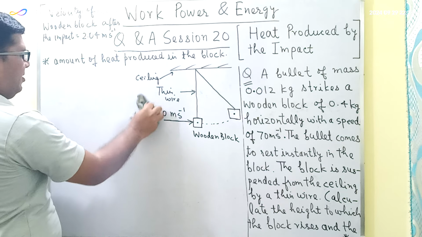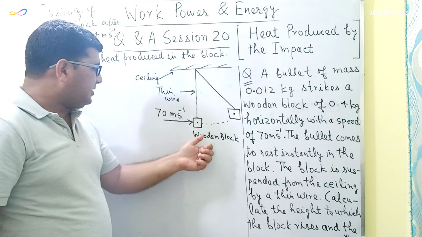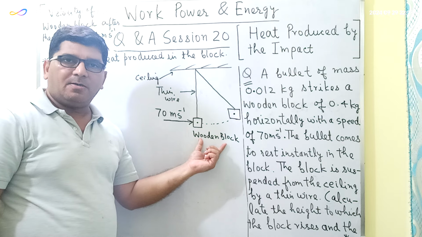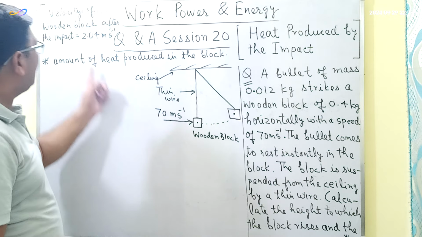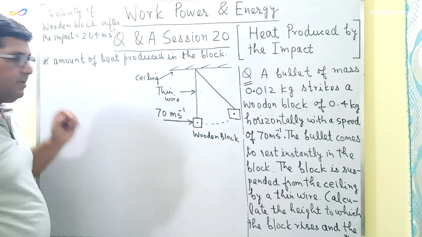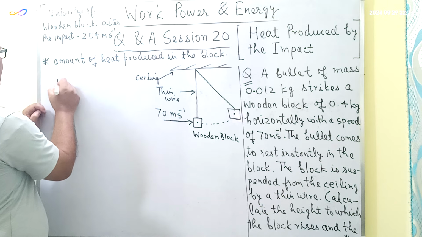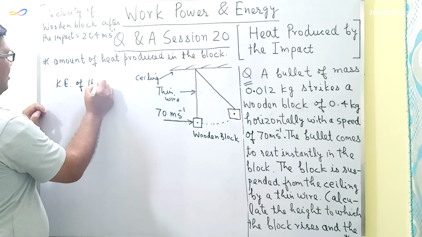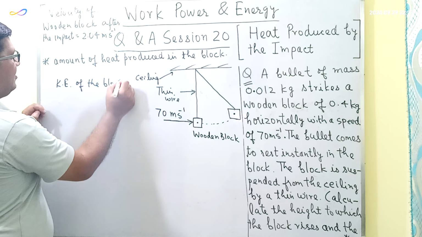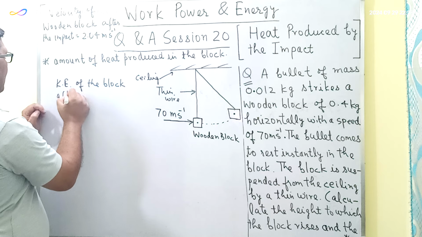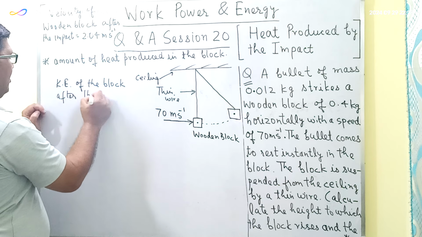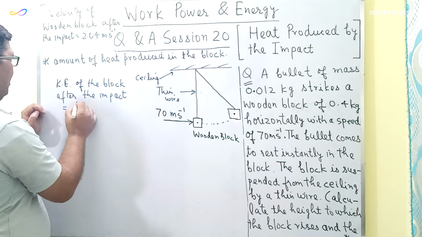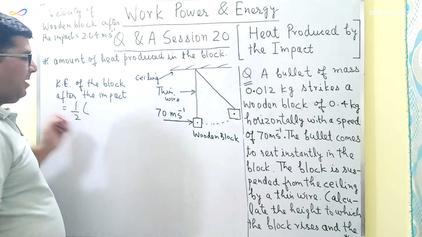Now, after the impact, this wooden block will get some kinetic energy because of this velocity. So, the kinetic energy of the block after the impact will be equal to 1 by 2 the mass of this wooden block.